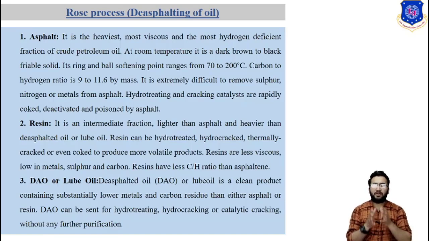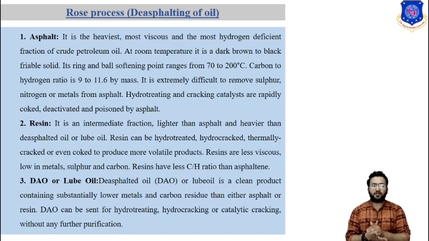Solvent recovery in conventional propane deasphalting consists of a series of flash vessels and steam stripping. Entire propane is recovered as a vapor at lower pressure. It is converted into high pressure liquid propane by compression and liquefaction and recycled back to the extractor.